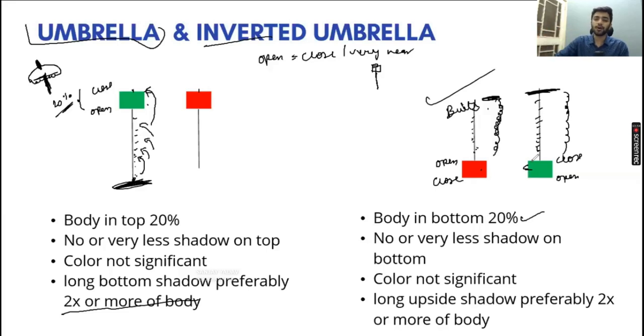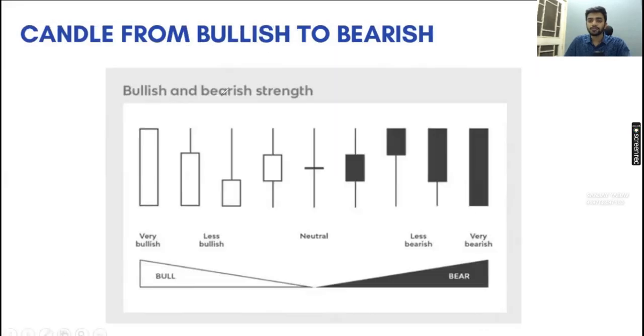Now we understood the different types of candles. Let me take you back to the first diagram. Now let me tell you one more candle, which is this bullish one and this bearish one. The most bullish and most bearish. It is also called the Marubozu candle. Basically, Marubozu means bald in Japanese.